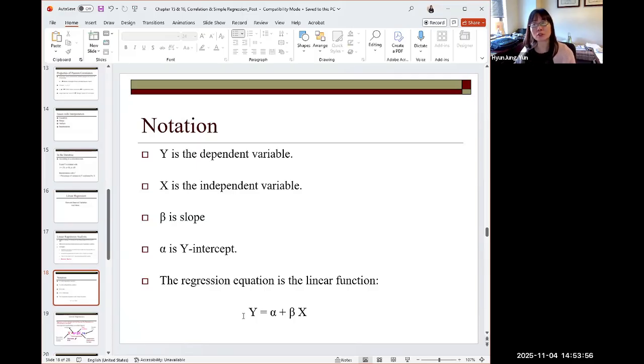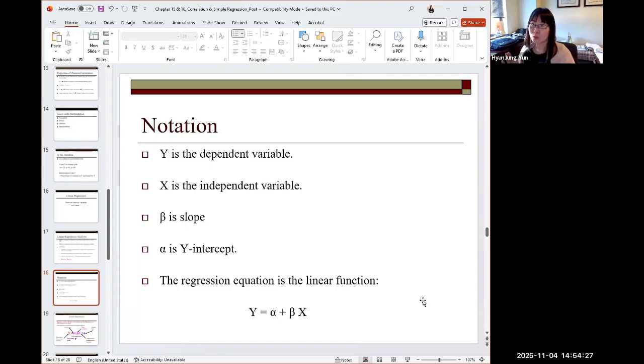This is a simple regression model equation. And if you have a multiple regression model equation, then you simply add multiple independent variables: beta 1 x1, maybe plus beta 2 x2, beta 3 x3. So if you have more than one independent variable, it's a multiple regression model.